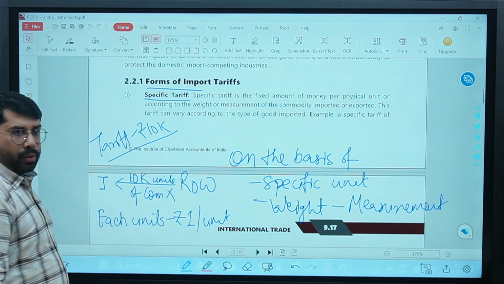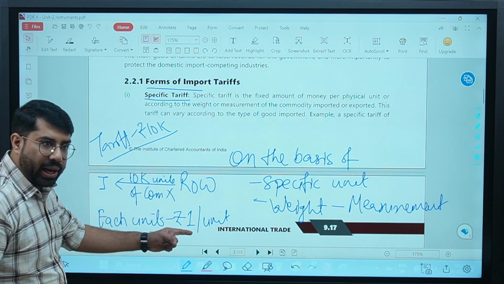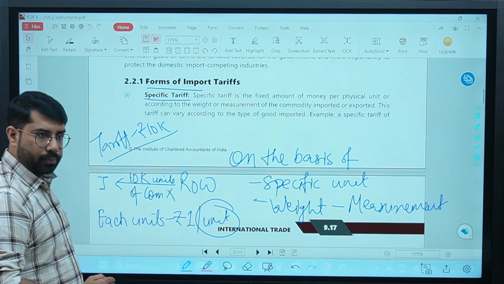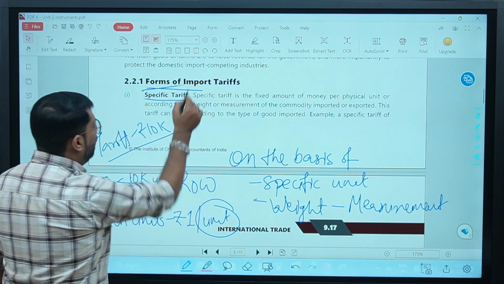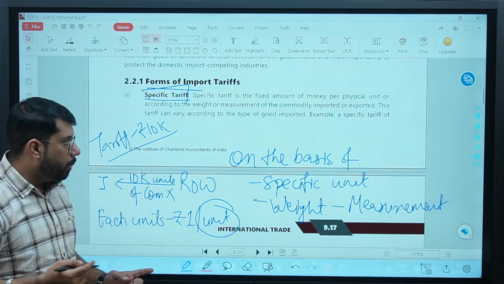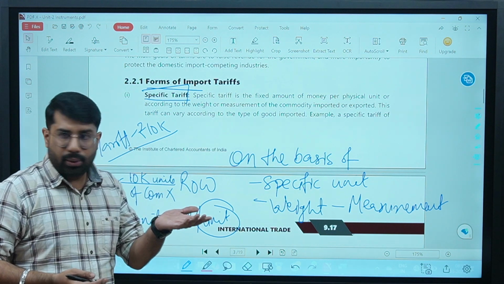Yes or no? So this type of tariff which is levied on a unit basis will be specific tariff.